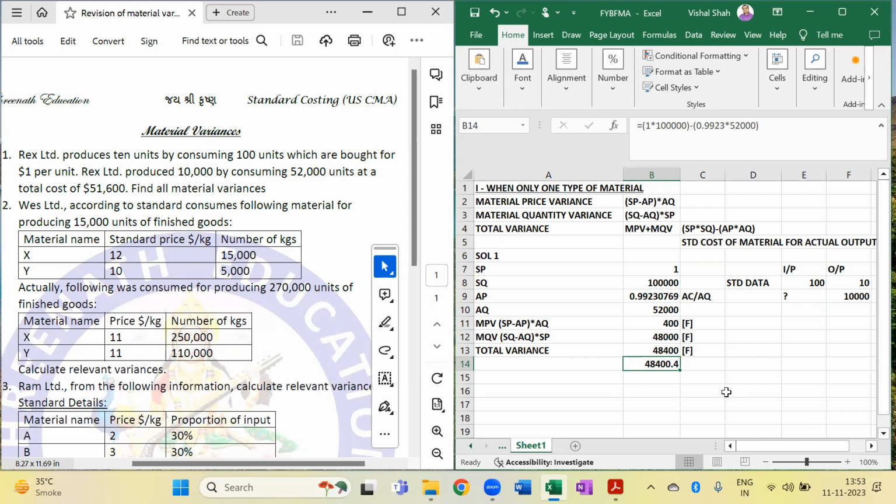So it will be 48,400. Remember, don't keep your variances in decimal. Any more queries to anyone?